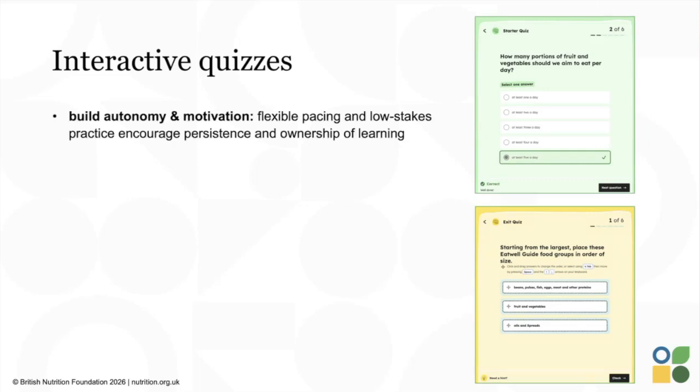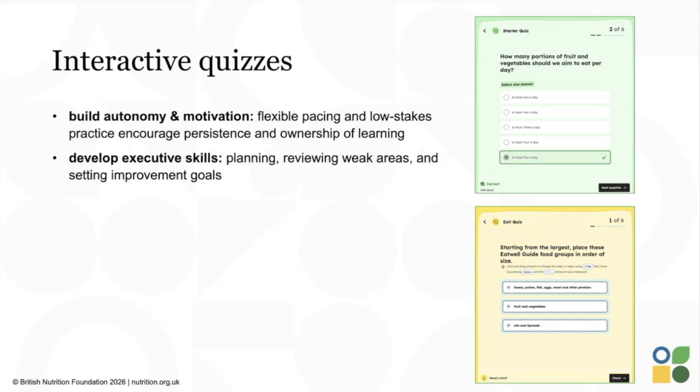What we also hope is for independent learners, it's going to build that autonomy and also motivate them too. So it's flexible pacing and it's fairly low stakes, but it's that practice through persistence and really taking that ownership for their own learning too. We also want them to develop other skills, so planning, reviewing their own areas of weakness, for example, and perhaps setting their own goals too.